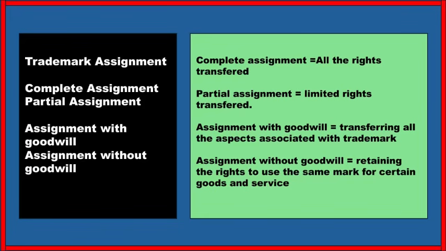I will explain this with an example. Suppose you have a brand ABC under which you sell dairy products, and as the owner of the ABC trademark you assign that mark without goodwill to someone else. Now this buyer might be allowed to use this brand but for any other product or service, and is forbidden to sell dairy products under that brand, which you are already doing.